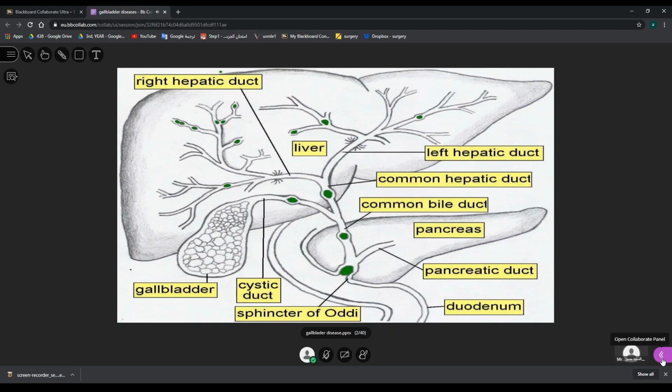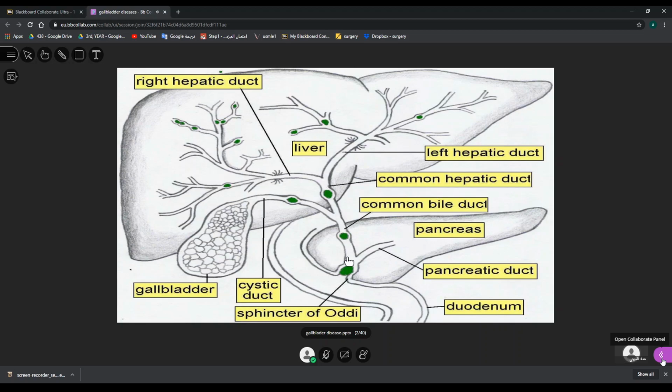Okay, so first, any patient who has a gallstone, which is a stone inside the gallbladder, will not have jaundice. Why? Because the gallbladder stone is not compressing the biliary tree. The flow of bile from the liver to the duodenum is open, so this channel is open, no obstruction here. For the patient to have an obstruction, there should be a stone inside the biliary tree, either in the common hepatic duct or in the common bile duct, not the cystic duct.